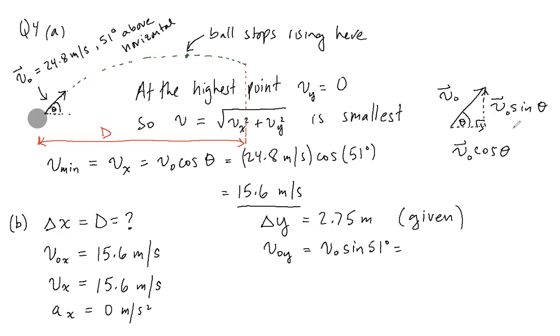You put 24.8, you put sine of 51 instead of cosine, and you should get 19.3 meters per second. Okay. And then the acceleration along y is known as negative g, and that's minus 9.80 meters per second squared. Okay.